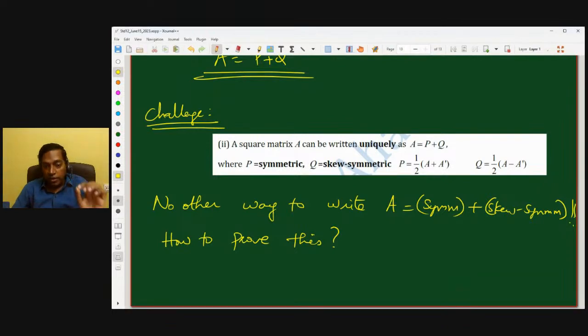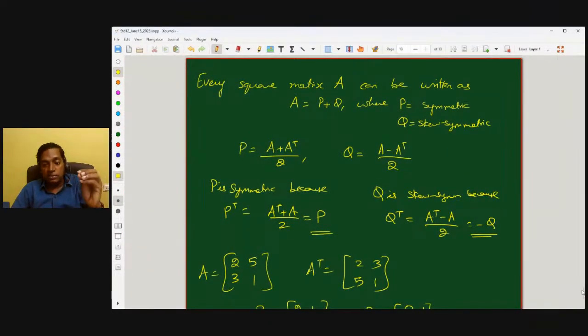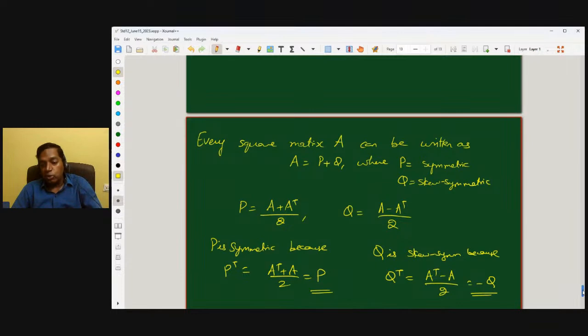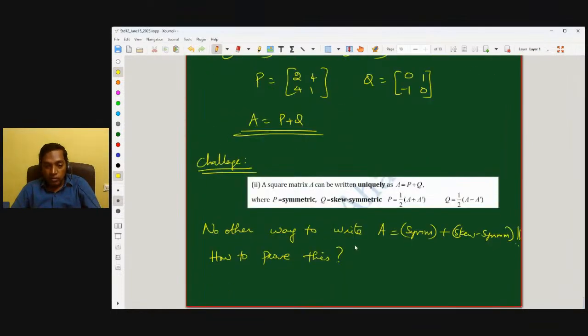So what I've shown is that every square matrix can be written as symmetric plus skew symmetric. In fact, this is what books will tell you. From what I remember, many of the books will not tell you that this is unique. There is no other way to write a matrix as symmetric plus skew symmetric. Why is that? I didn't ask you if it's unique. I'm telling you it's unique and asking you to prove it.